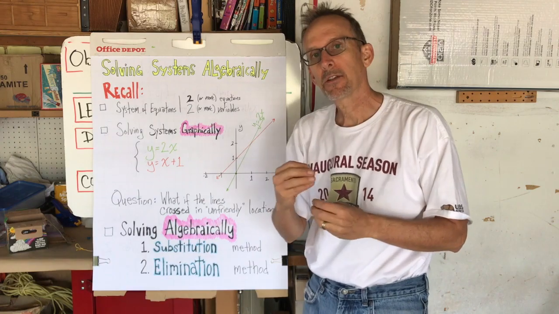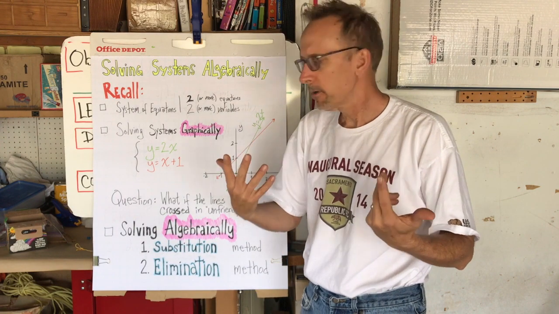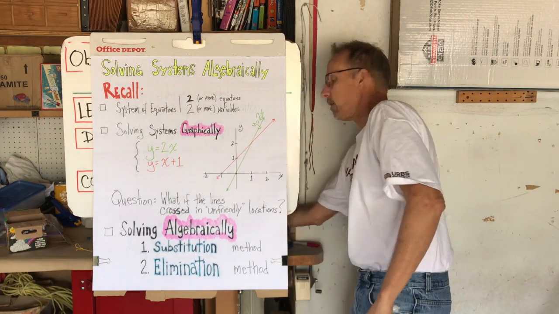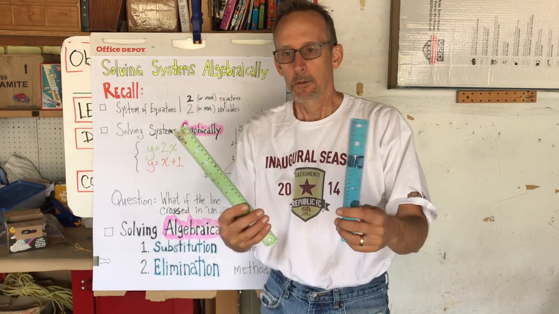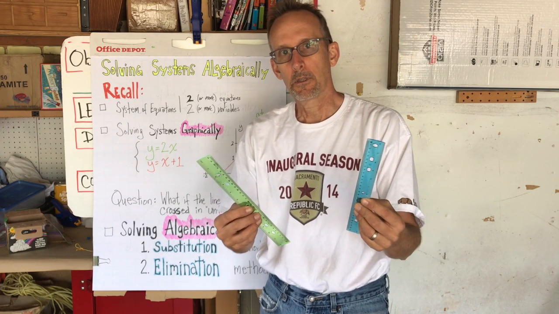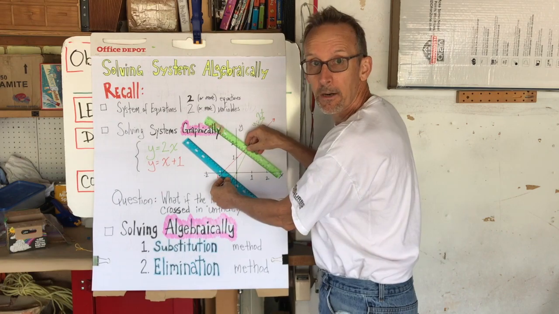In the past, we've solved these graphically. Remember, if you have 2 straight lines, how many different arrangements are possible? One arrangement is that the 2 lines are parallel.